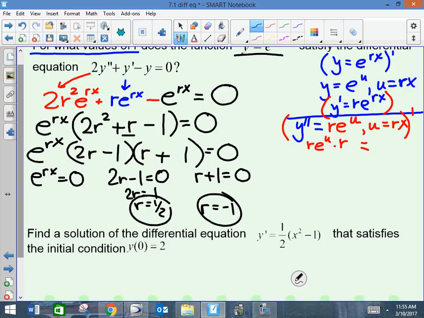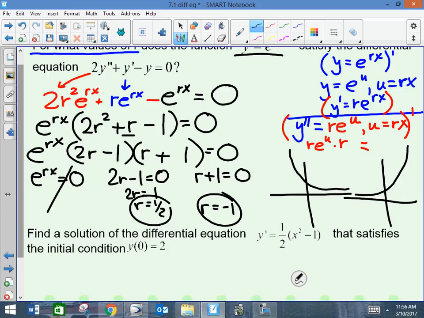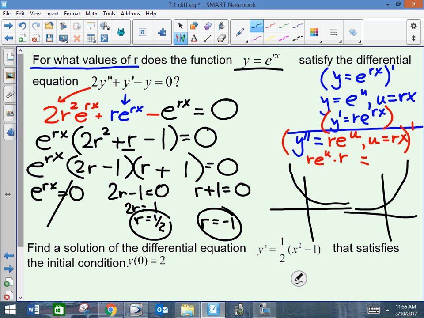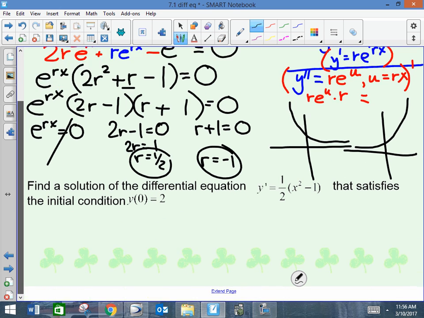Do you remember what e to the any power looks like? Depending on if r would be a fraction, would look like this. Does that cross over and give you 0? So there's no answer there. So your answer is, for what values of r? 1/2 and -1.